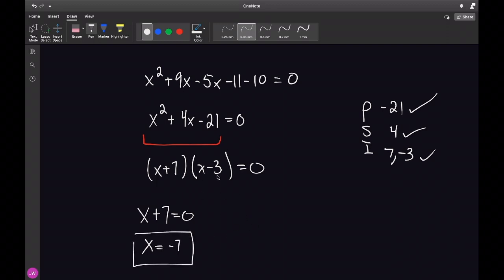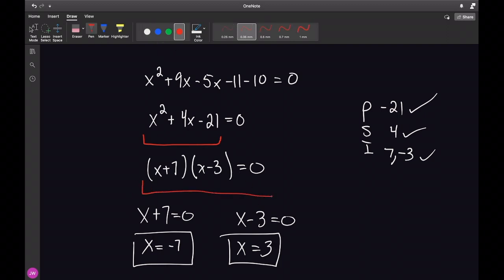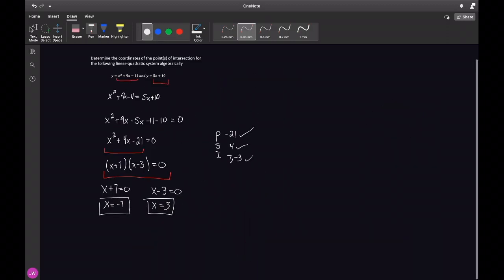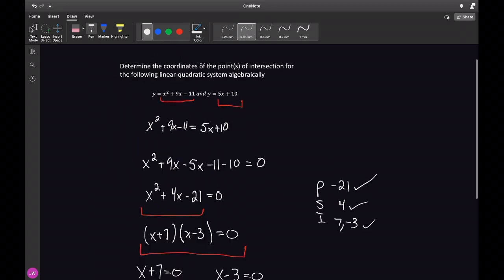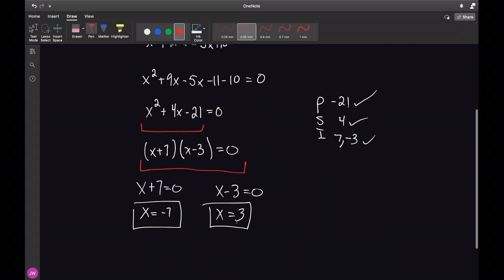It's your first answer. And this would be, move the 3 over, positive 3. So these are the two numbers that make this equation 0. So these are our two x coordinates, which are the x coordinates of the points of intersection of this linear quadratic system.